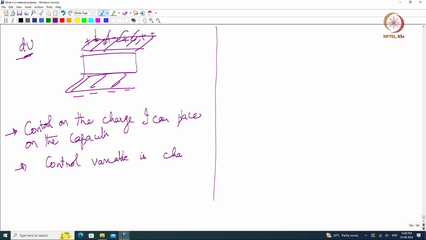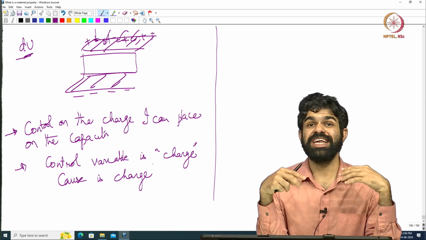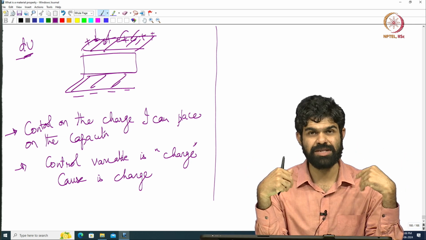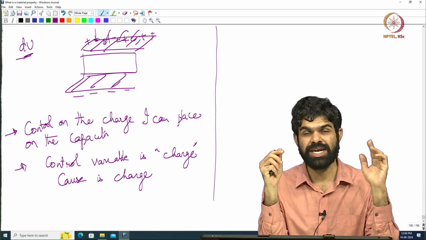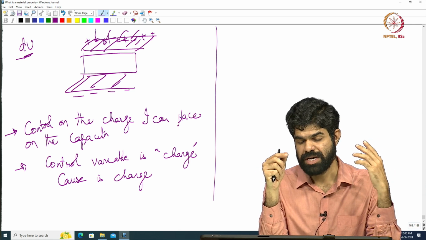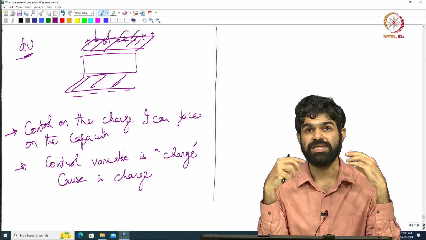The cause is charge, not voltage. You are generating voltage by applying charge, but the cause itself is charge.